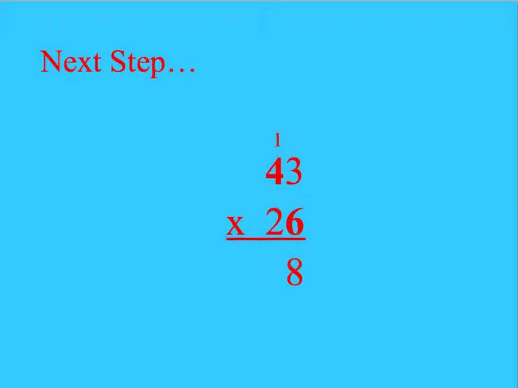The next step I'm going to take is to multiply 6 times 4. So remember, this is like multiplying 6 times 40, because this number 4 up in the top factor is representing 40, not just 4, but 40. So 4 tens. So 6 times 4 tens is going to get me 24 tens, plus 1 is 25 tens.